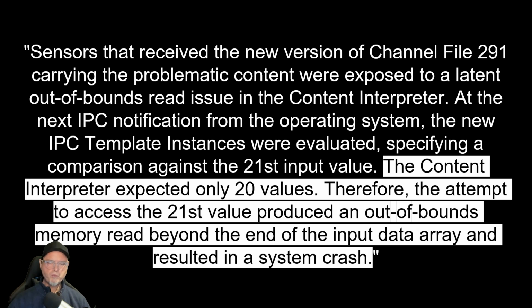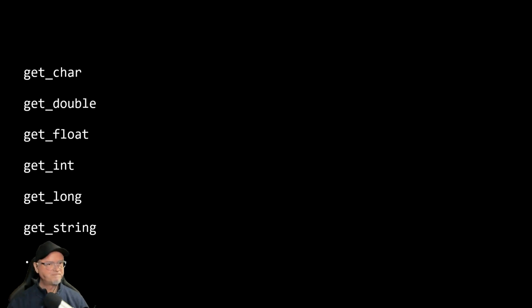But one of the details that's relevant to what we were talking about today is that it expected only 20 values, but there was an attempt to access a 21st value, which was an out-of-bounds memory read. And that's what resulted in the crash. Made me laugh a little bit that they were talking about Windows systems and blue screen of death. I do use Windows myself most of the time, but there you go.